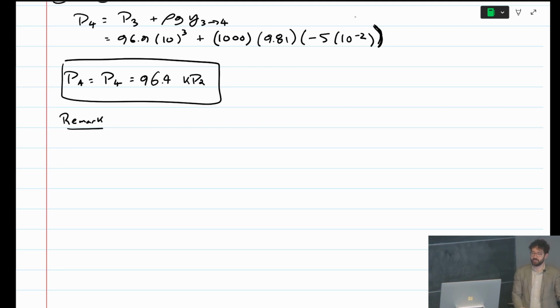So yeah, as one of you pointed out, we can skip one of the steps here. So we can skip having to go to point 2.